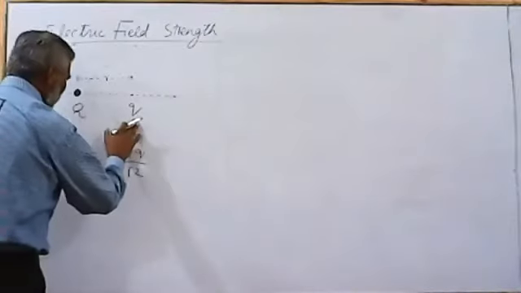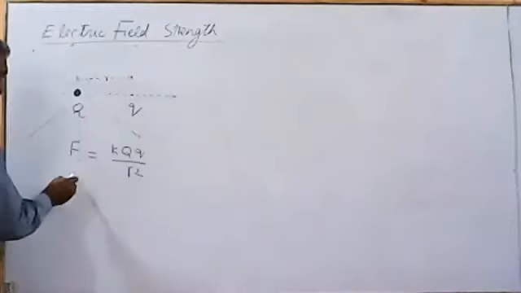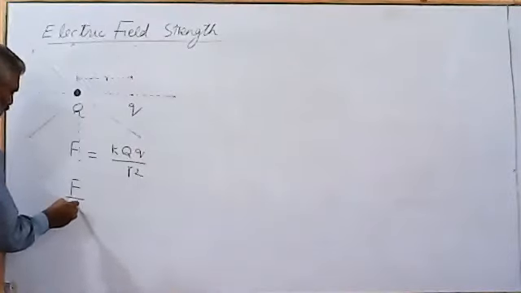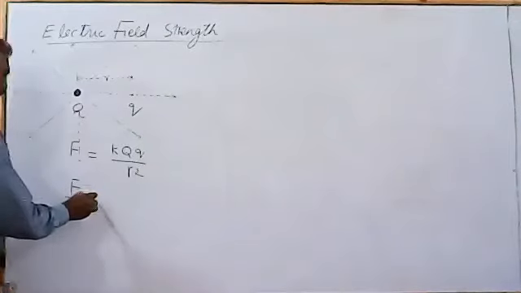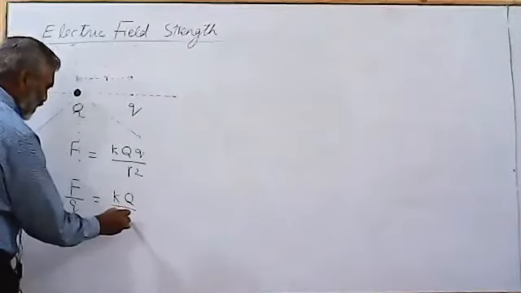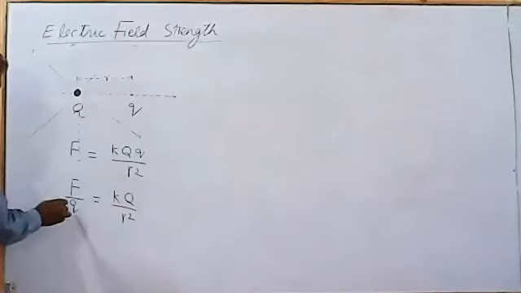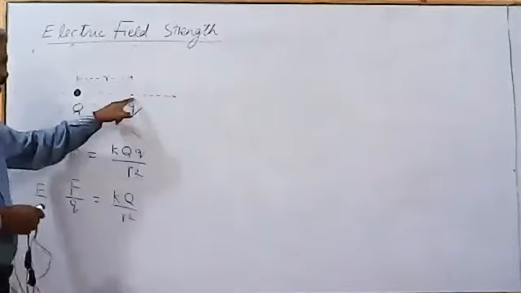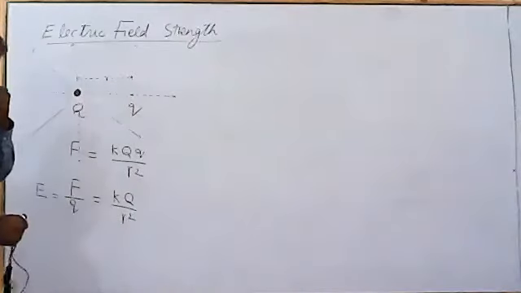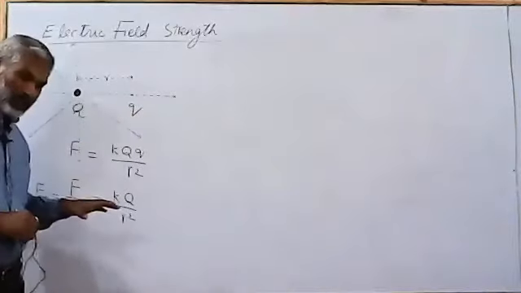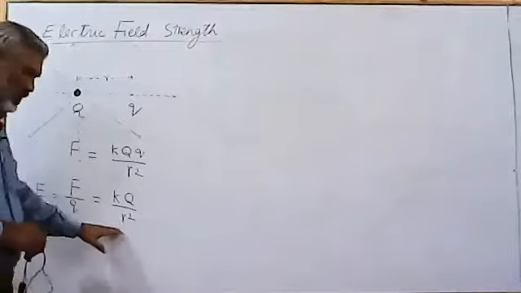Whether this charge is located here or not, this electric field, which is force per unit positive charge, becomes K Q over R square. So this expression is known as the electric field strength at any point in the electric field, where the force per unit positive charge is given by this expression.